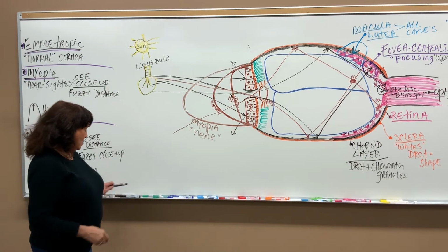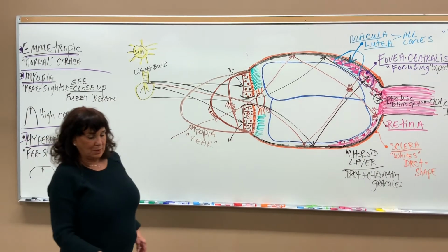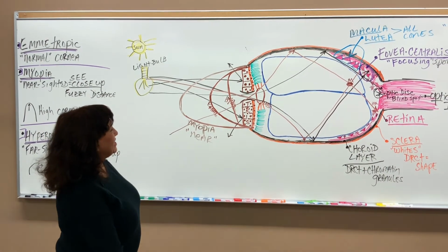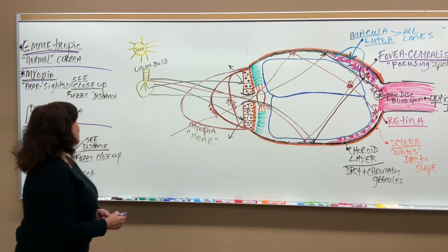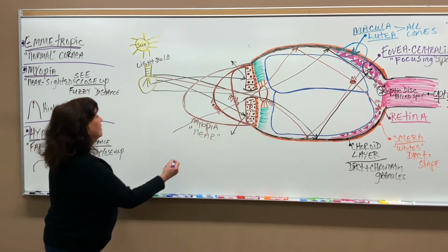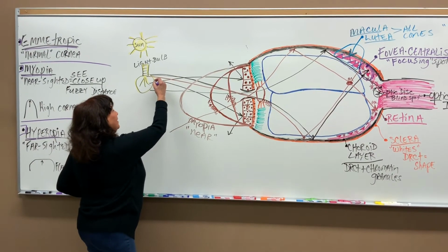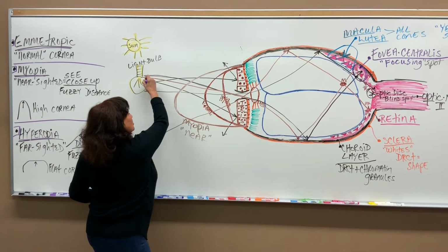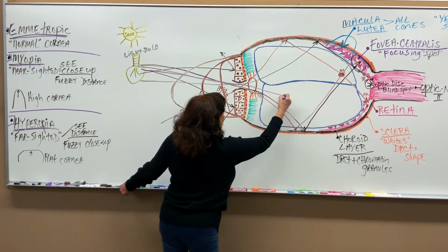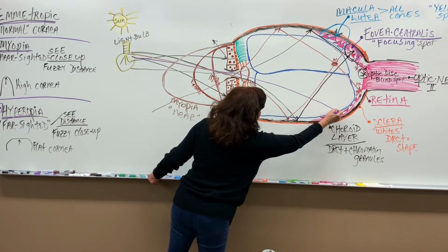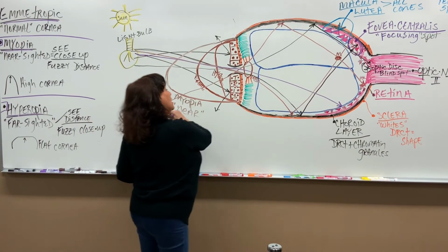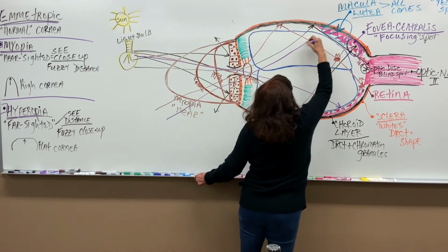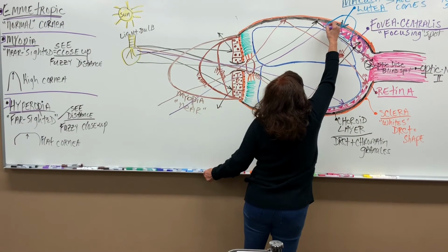And so now, what color should I make the light beams for this? Let's do purple. And so now, hyperopia, here comes my light beams, all right? So you got a flat cornea. They are really gonna let the light rays in. They are just gonna come through here, and then they're gonna go way, way back here.